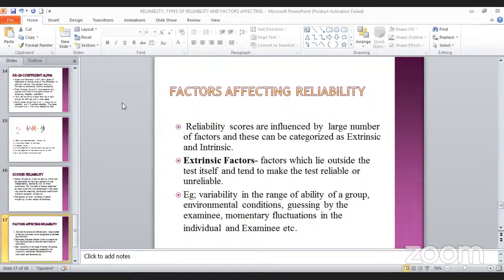Variability in the range of ability of a group, environmental condition, guessing by the examinee, momentary fluctuations in the individual. It is okay. About this variability, group variability, I have explained, but if you can give something more to that. Group variability, sir. Because the two things are important.